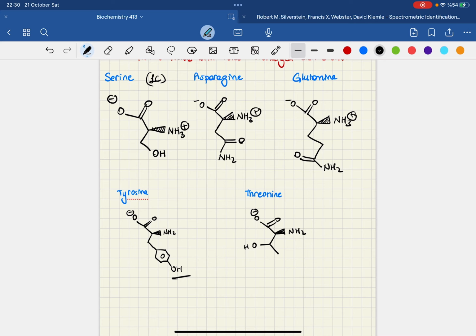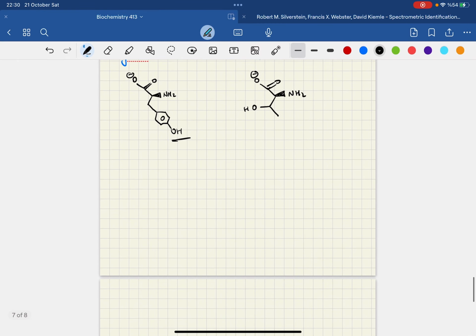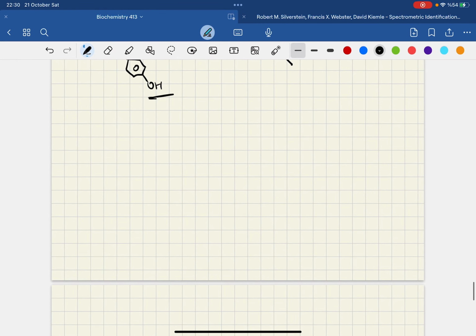And then we will skip to non-polar amino acids. So which are the non-polar amino acids? You might imagine that there are a lot of non-polar amino acids because there are 20 in total. So let me write non-polar amino acids.